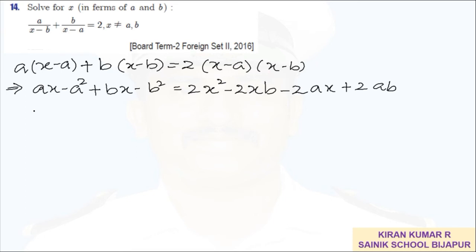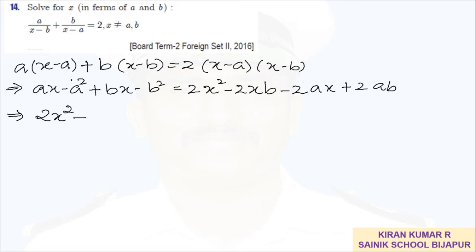Let me take term wise. x square term is 2x square minus, here we have ax term.